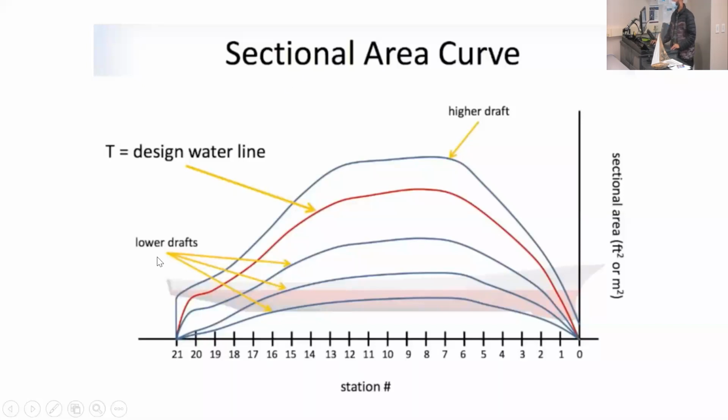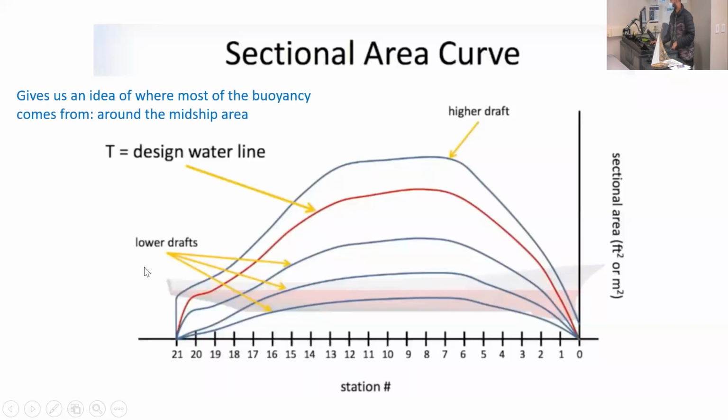Lower draft is less distance from water line to keel. Another important thing: this gives us an idea of which part of the ship is creating most of the buoyancy. The middle part of the ship has more submerged area, so that gives us most of the buoyancy.